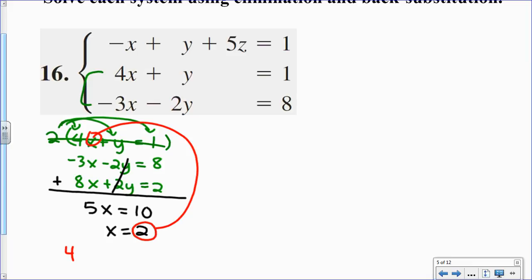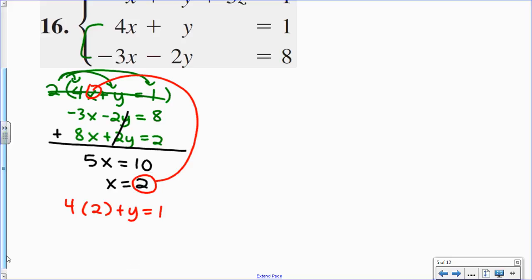So 4 times 2 plus y equals 1. Subtract 8 and I get y equals -7. Okay? Plug in x and y into the top and we'll find z.